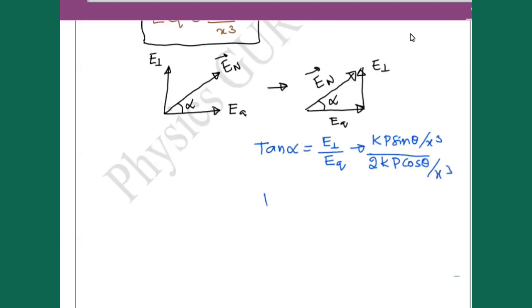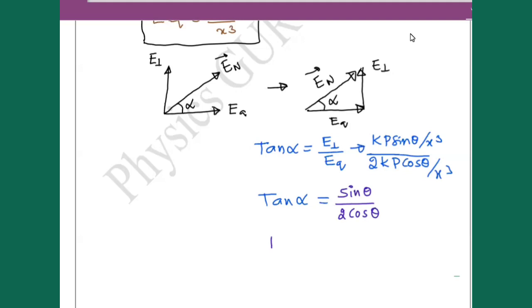Now tan alpha is equal to what will I get? Can anyone tell me? Tan alpha is sin theta divided by 2 cos theta. So what can I write?